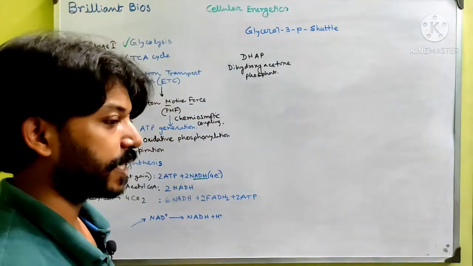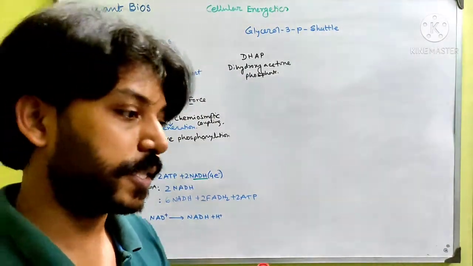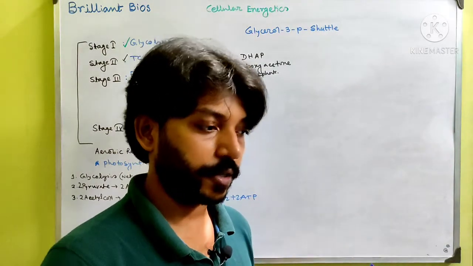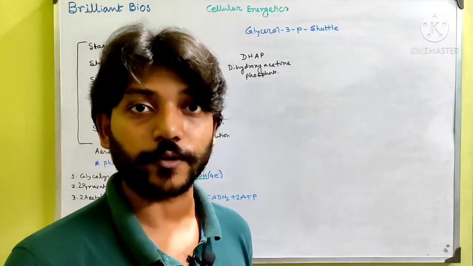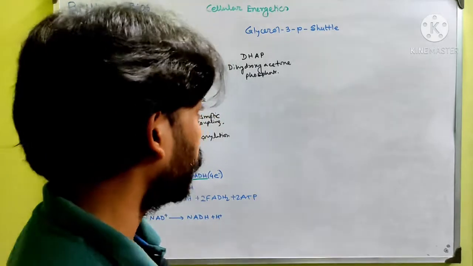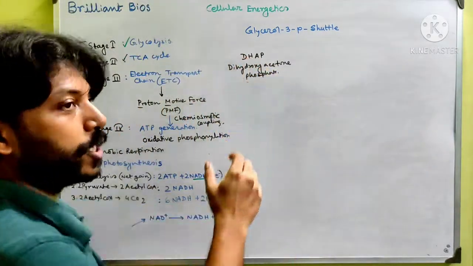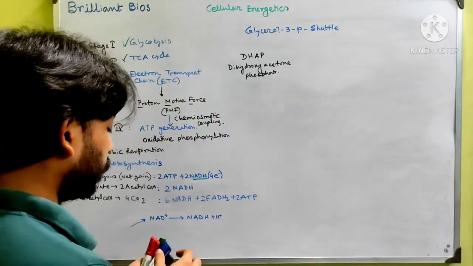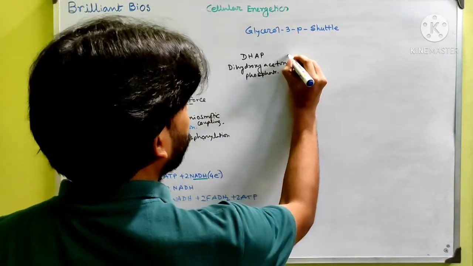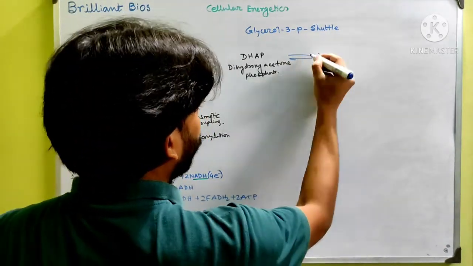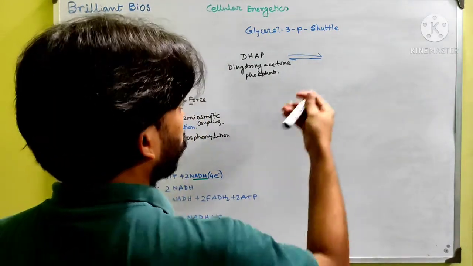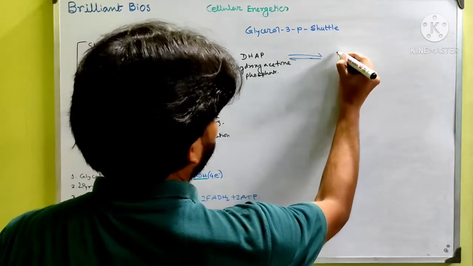I have already mentioned that fructose 1,6-bisphosphate gets cleaved into two products, two triose phosphates, DHAP, dihydroxyacetone phosphate, and glyceraldehyde-3 phosphate. Now the DHAP can be reversibly converted into a product called Glycerol-3 phosphate. That's why this shuttle is called the Glycerol-3 phosphate shuttle.